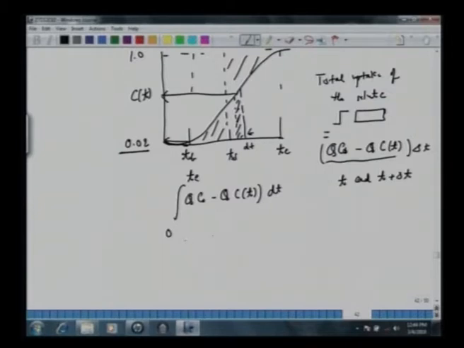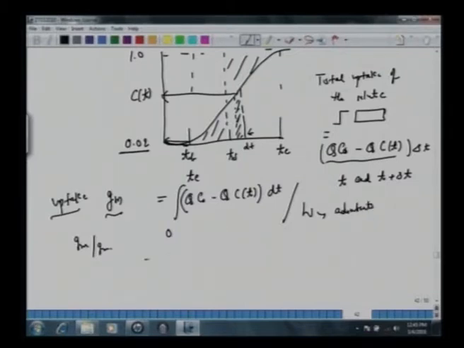This gives us the total amount of solute which has been adsorbed. This is called the uptake of the solute. Very often we express it in gram per gram, that means total amount divided by the total amount of adsorbent.